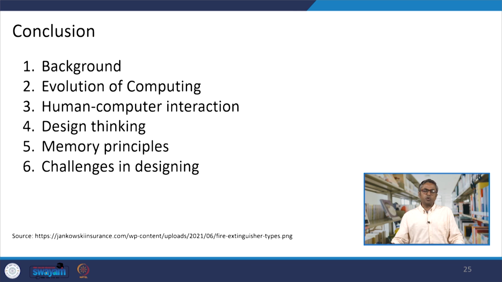To conclude what we studied today, we understood that in the era of 1970, when computing was limited to the professionals, limited to the programmers, limited to the computer analysts, very soon people realized that there is a need for personal computing.